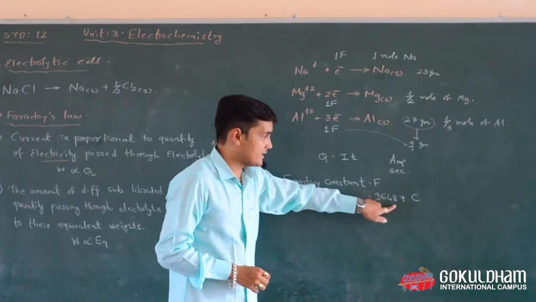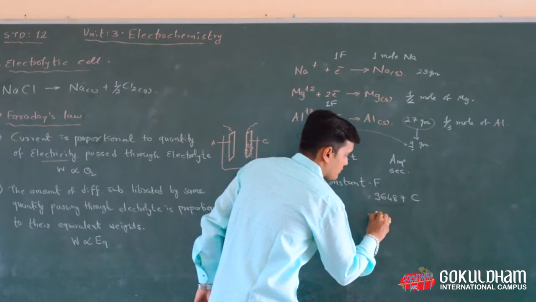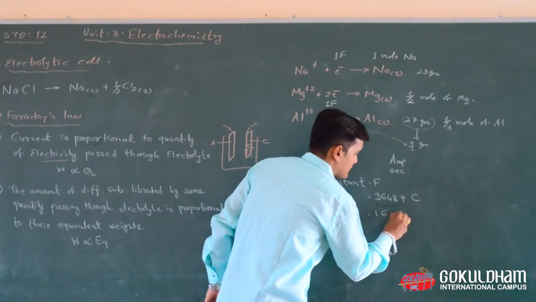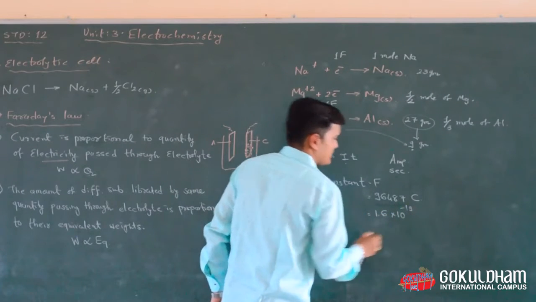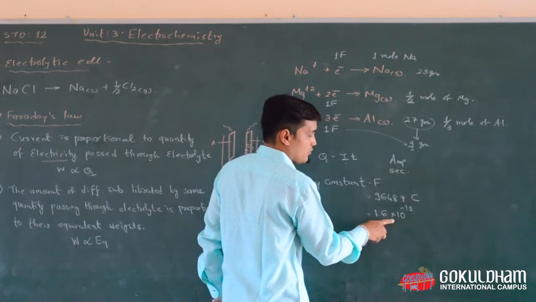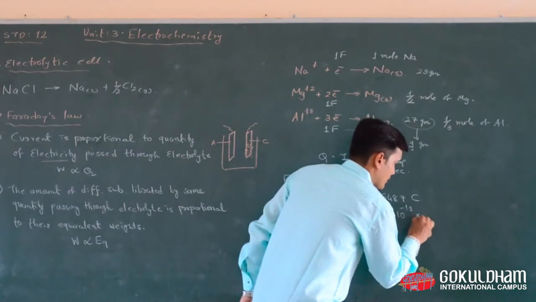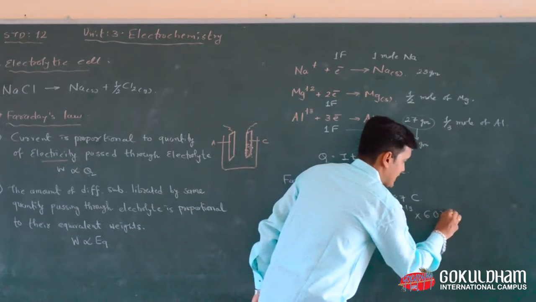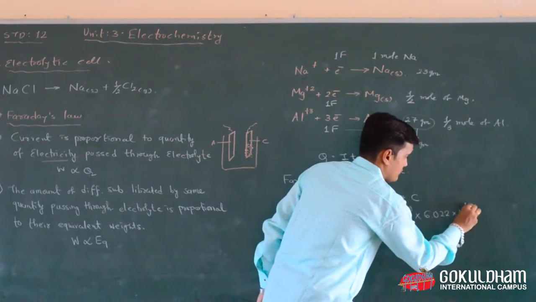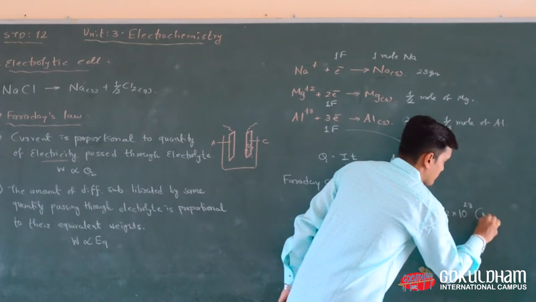From where is this value coming? You have the electronic charge, 1.6 into 10 raised to minus 19. This is the charge of a single electron, and you have to multiply this charge with the Avogadro number. This Avogadro number is denoted by NA.